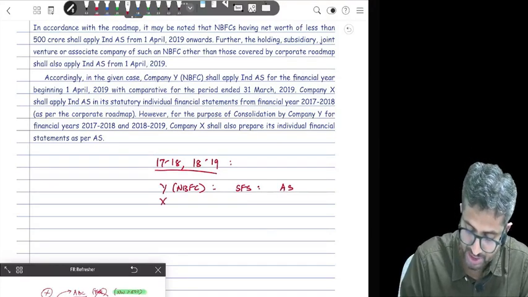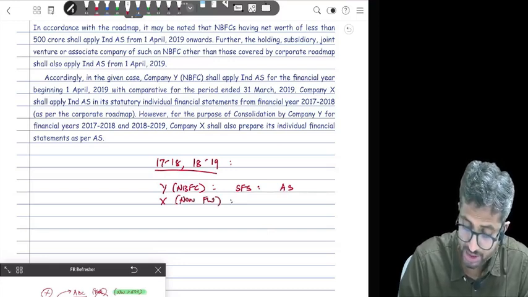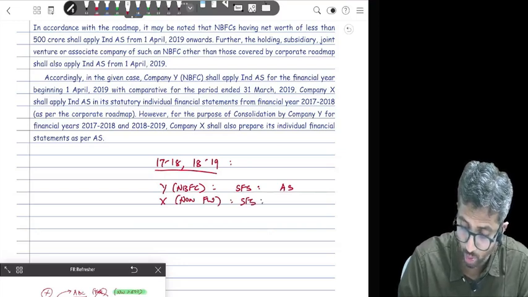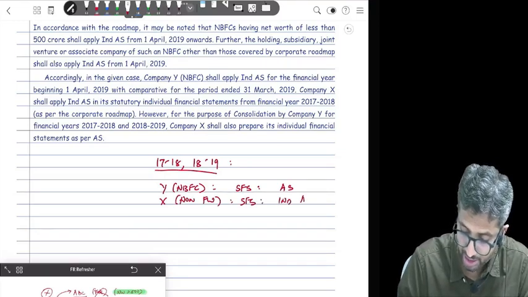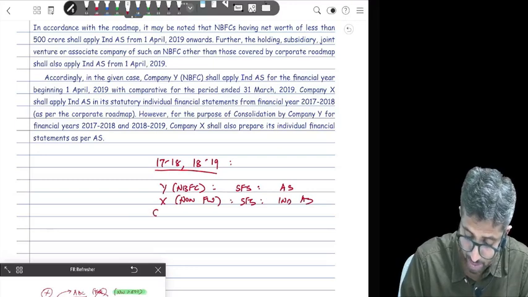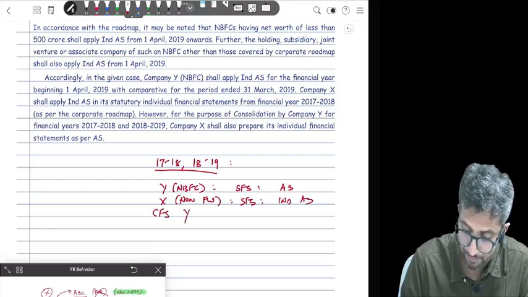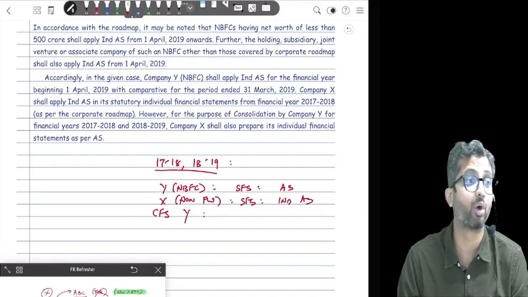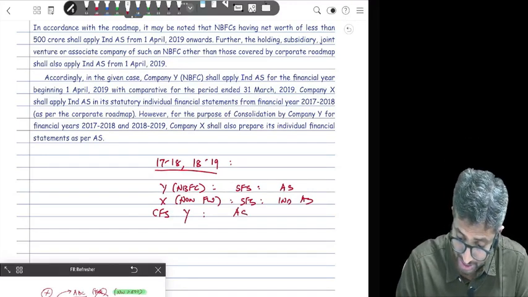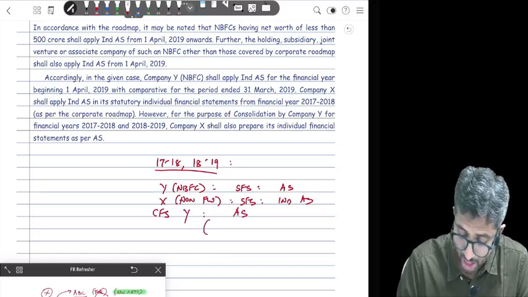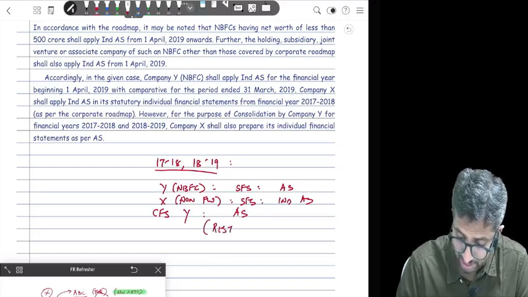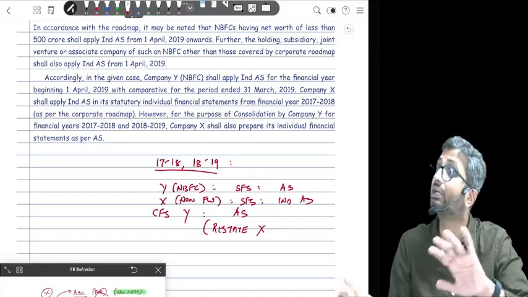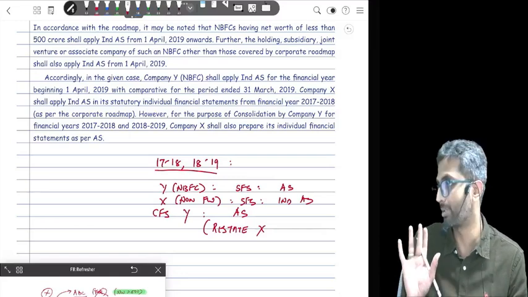During this time frame, the subsidiary, which is a non-finance company, will prepare its SFS using Ind AS. But during this time frame, there will be a CFS of Y. This CFS of Y will be prepared as per AS. But for this, I will have to restate X financial statements into AS to the extent practicable.